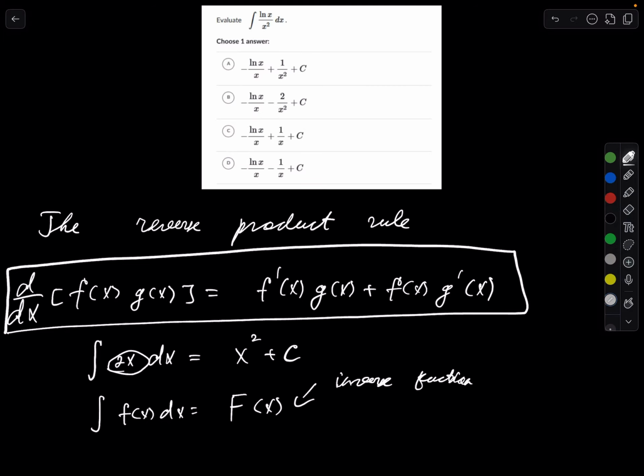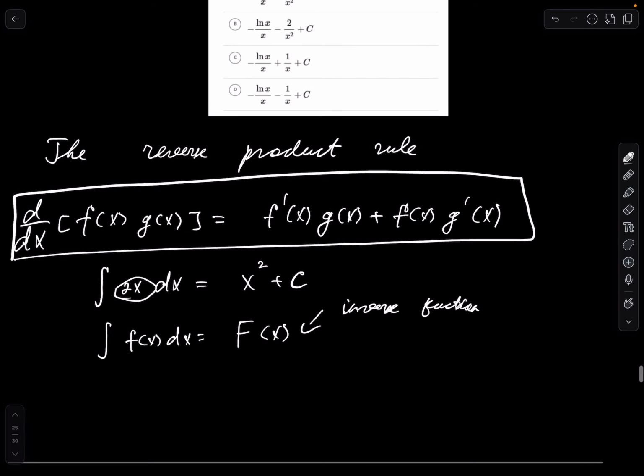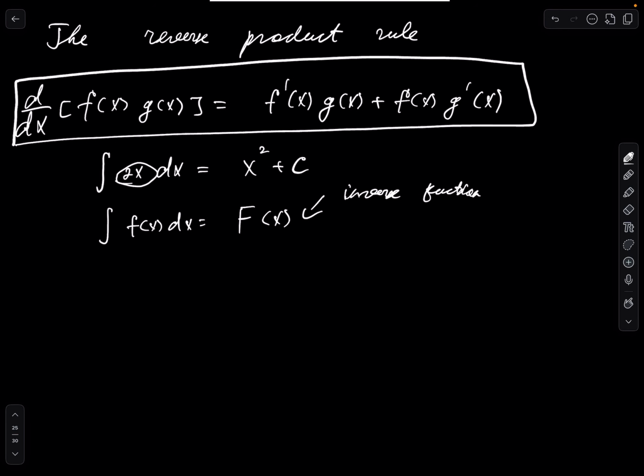How can we use the reverse product rule to find an answer to this integral? Well, it's quite simple, really. Imagine we have the product of two functions. And we know that the derivative of this product will get us here. But we also know that the integral of the derivative is going to get just the function itself.